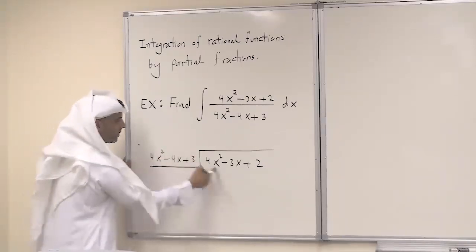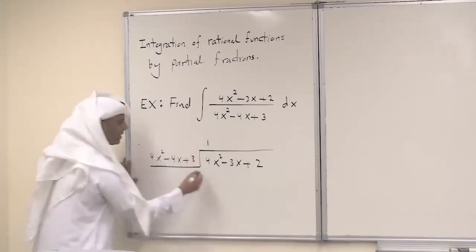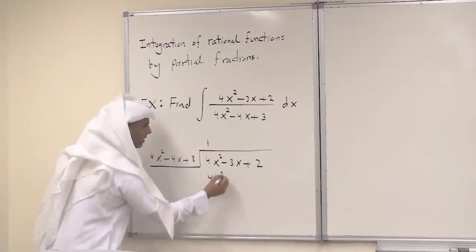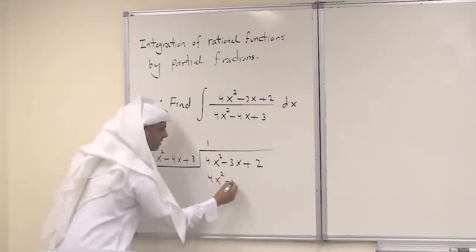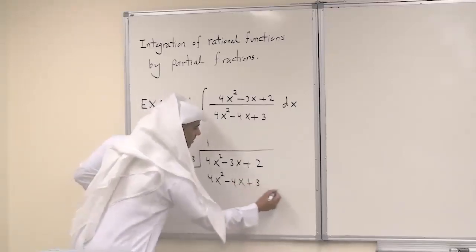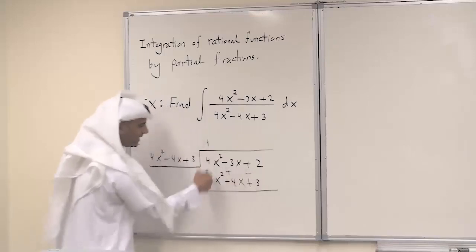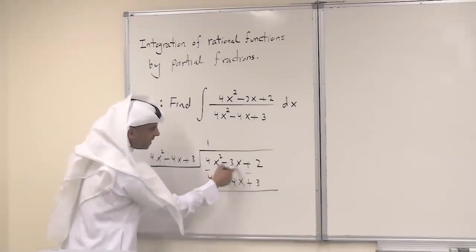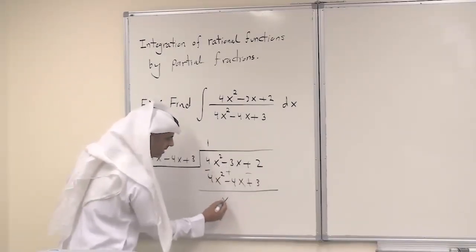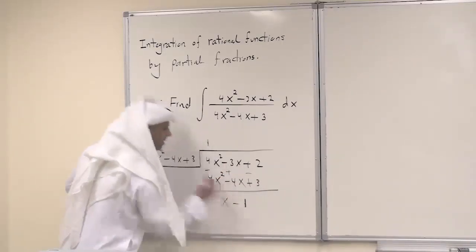If we divide 4x squared by 4x squared, we get 1. 1 times 4x squared, that is 4x squared. Fine. 1 times minus 4x, that is minus 4x. 1 times 3, that is plus 3. Good. Now this is minus, plus, minus. Adding, this will be 0. Minus 3x plus 4x, that is just x. And finally, I have 2 minus 3, that is equal to minus 1.